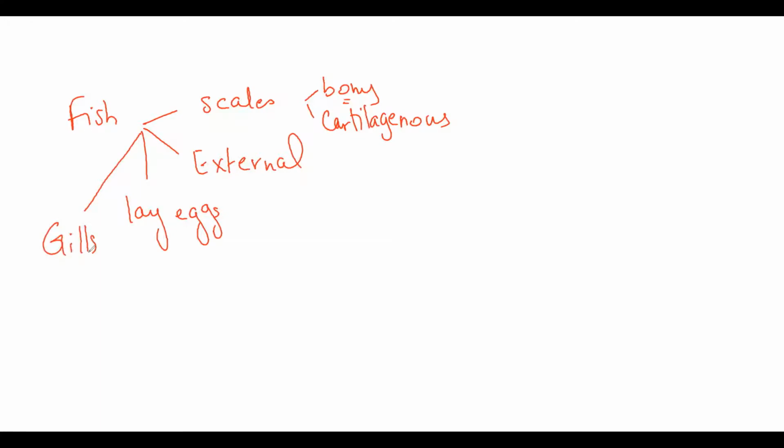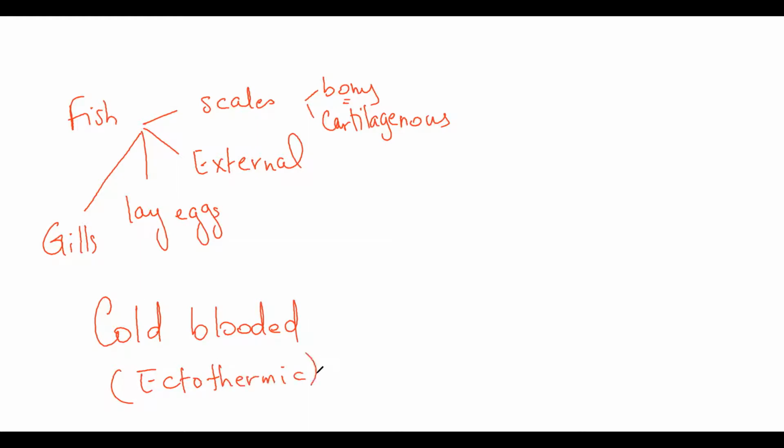gills. Now I'd like to mention something here: reptiles, fish, and amphibians are all cold-blooded, or we can call them ectothermic. Now, what does this mean? It means that the temperature of the blood is not constant.